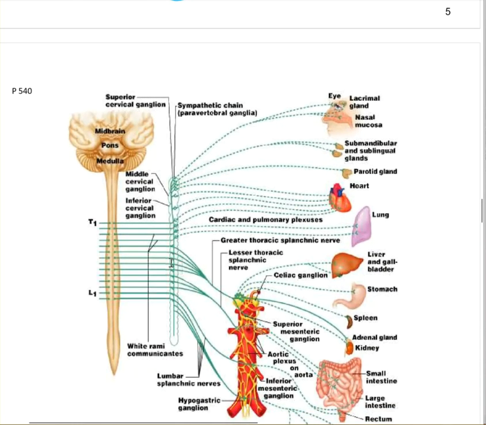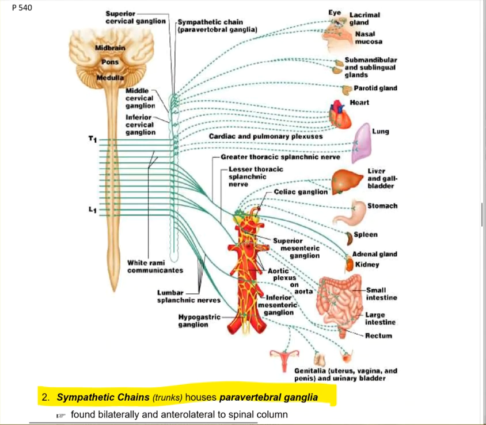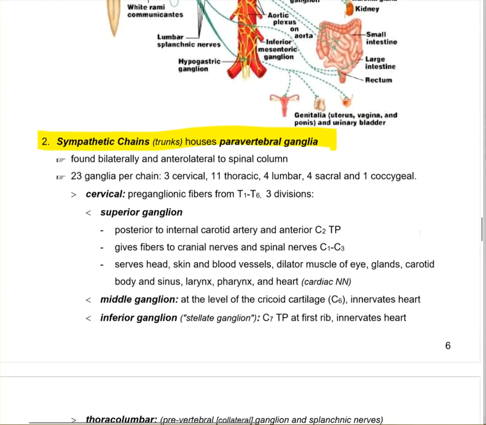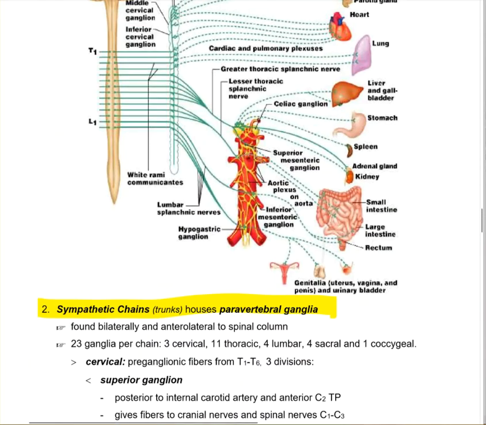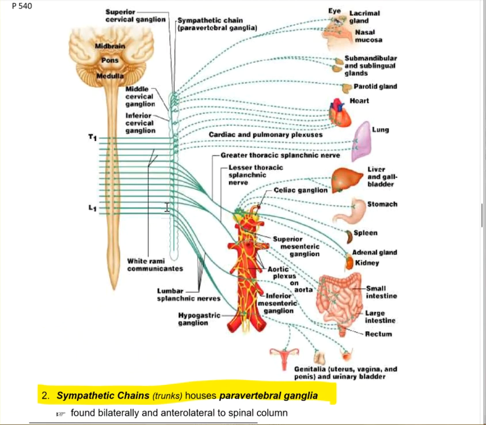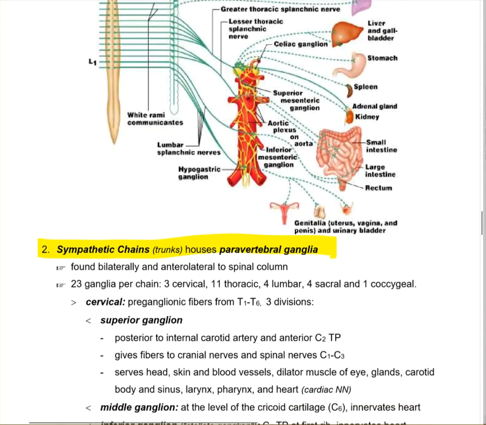See how the ganglia go all the way up into the cranial area and the cervical area, and they go all the way down past the lumbar into the sacral region. But the original fibers don't go out there. They come out here. So these fibers are going to have to go up this chain or down this chain sometimes to get their messages where they need to go.